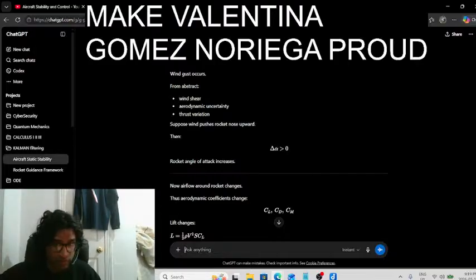Now airflow moment on the rocket will change. Therefore, we have C_L, C_D, C_M. These will also change, so the lift, drag, and pitching moment will change.